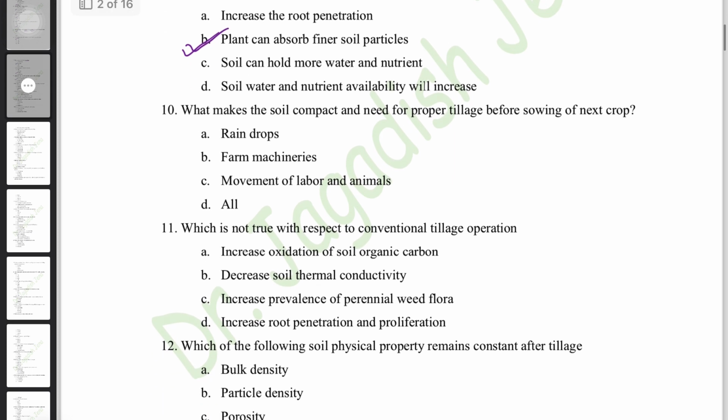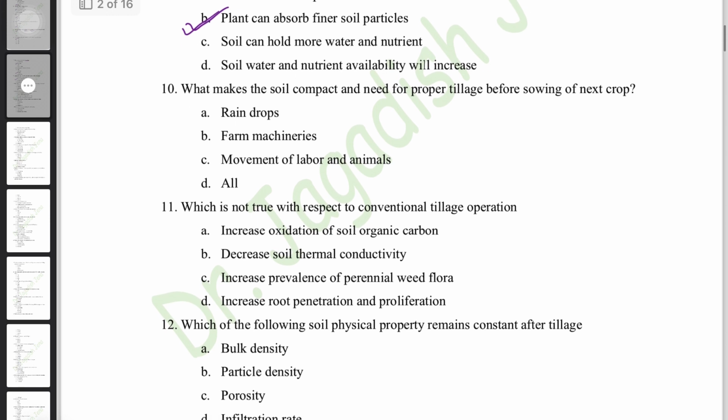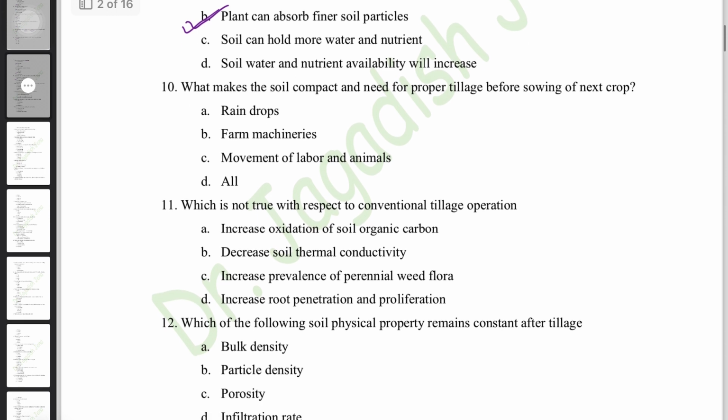Next question, what makes the soil compact and needs proper tillage before sowing of the next crop? Raindrop, of course. When rain is falling, it has higher kinetic energy, which disperses the soil particles and makes the soil more compact.